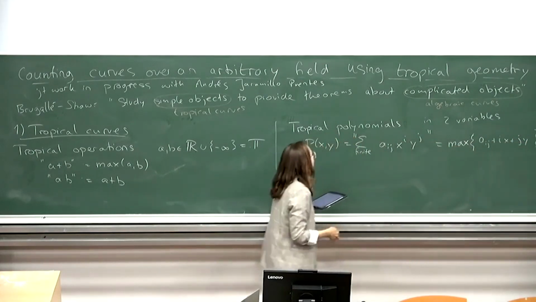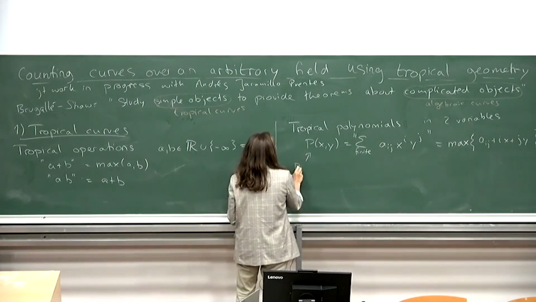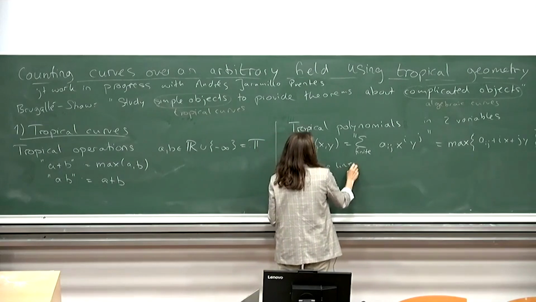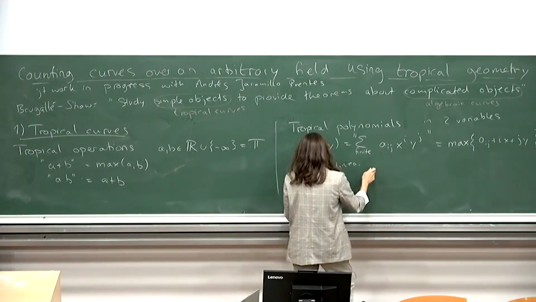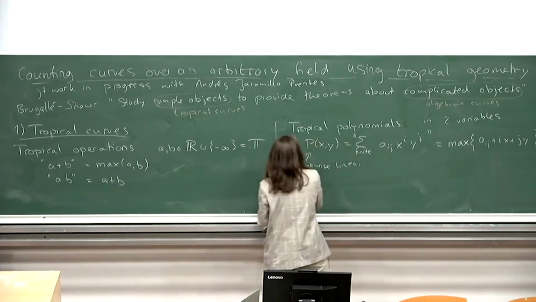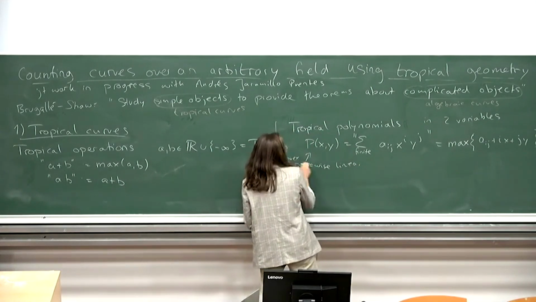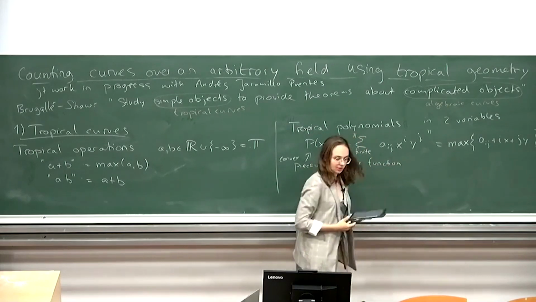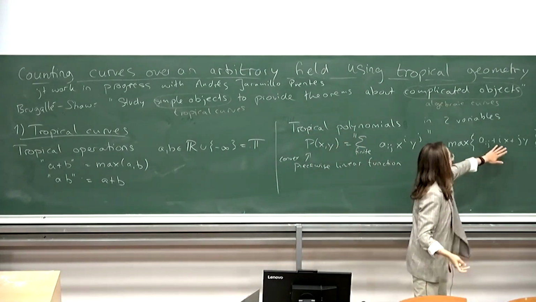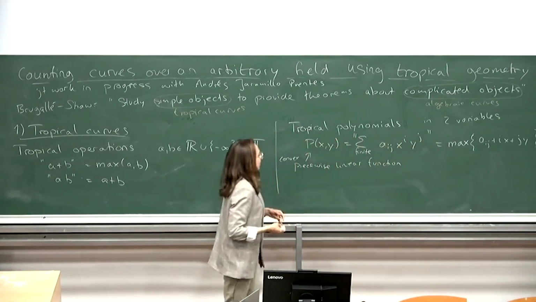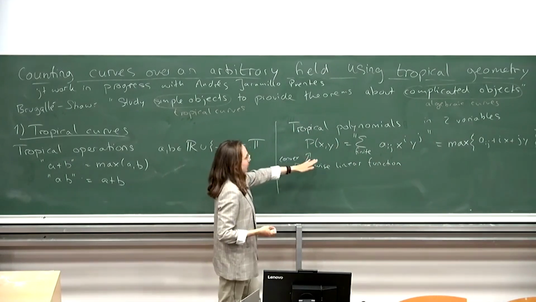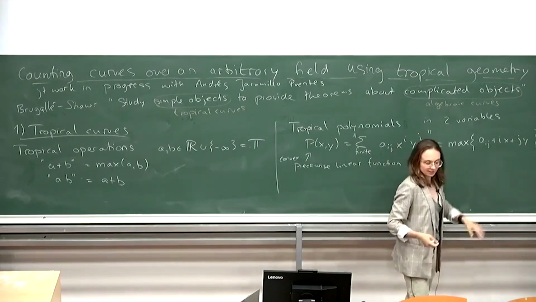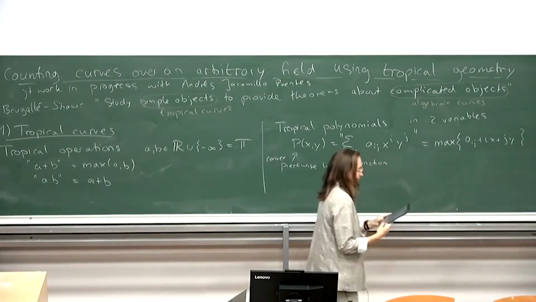So this is a piecewise linear function, even a convex piecewise linear function. So you just look at where this becomes max. And let's define a tropical curve to be the non-differentiable locus of this. And then I'll do an example.